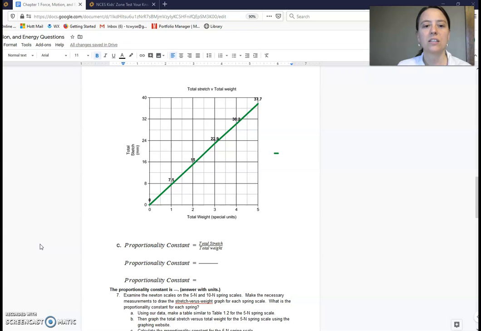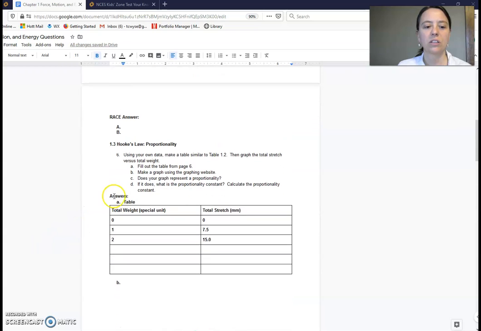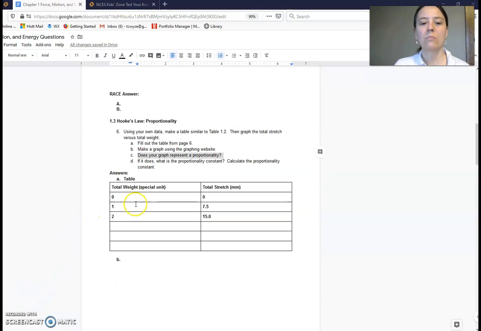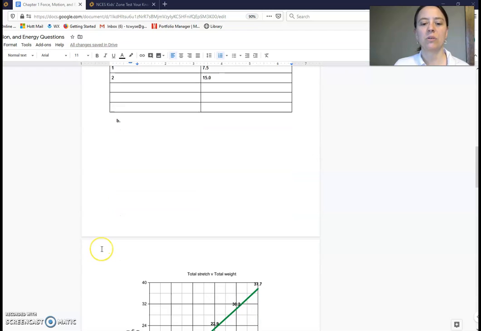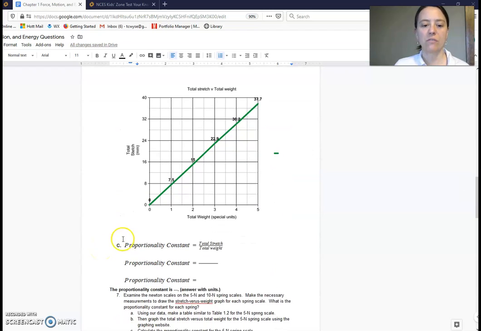So we're ready to move on to C, which if we scroll up and look at the directions, does your graph represent a proportionality? Well, we know a proportionality means there's a relationship between the two variables. So let's look at our graph. When x, or our total weight, goes up, does our total stretch go up?